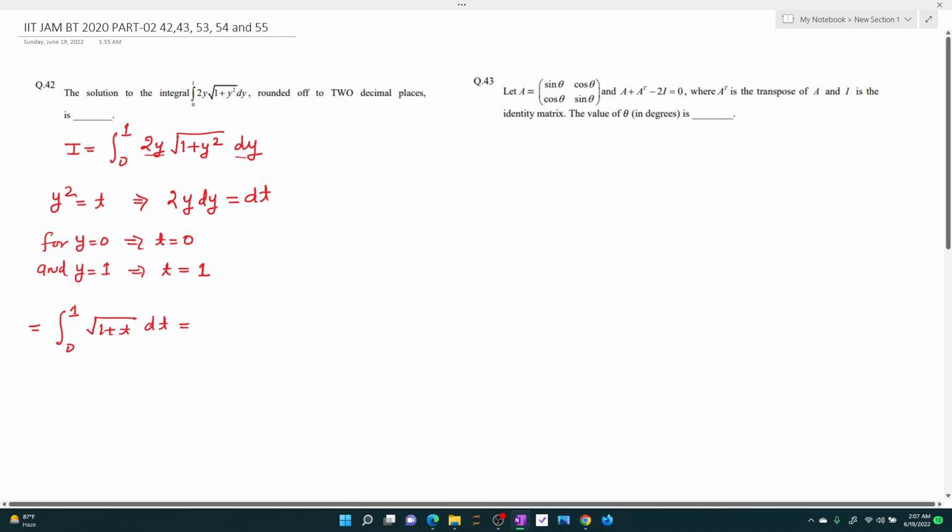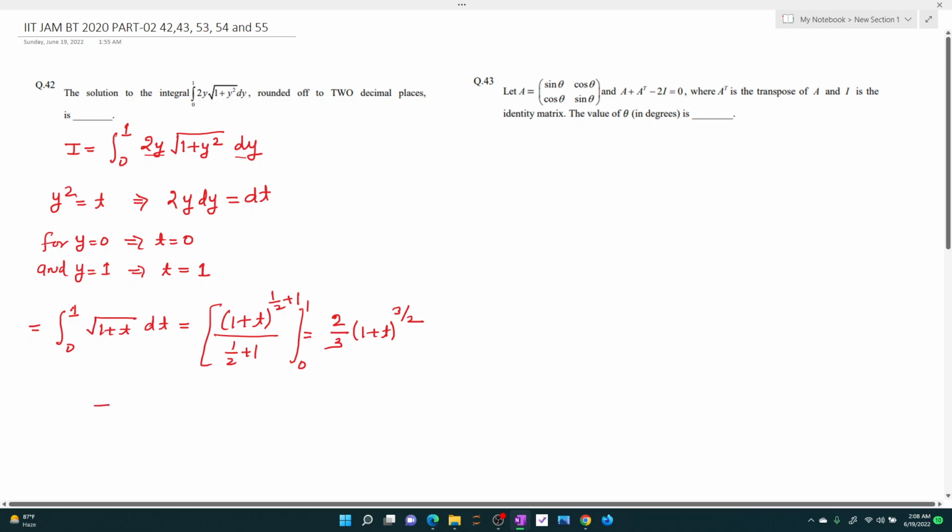Using the integration formula, this comes out to be (1 plus t) power 1/2 plus 1, divided by 1/2 plus 1. So this can be written as 2/3 times (1 plus t) power 3/2, with limits from 0 to 1.